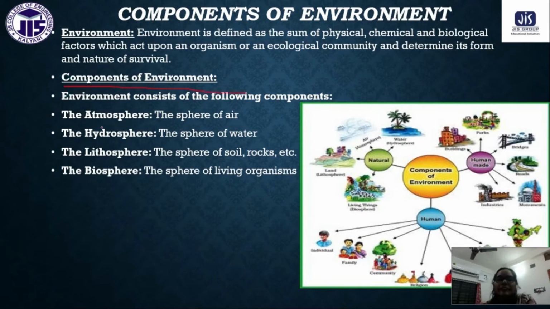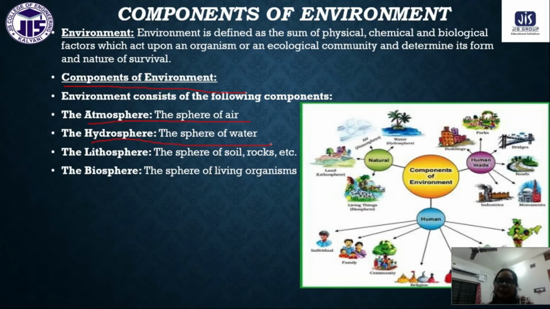Now these are some of the components of environment. What are the components? That is the atmosphere. Atmosphere, generally the sphere of air, where we have the air molecules. Okay, the hydrosphere, the sphere containing water. In the hydrosphere, all types of water resources, water molecules that we have, belong to this sphere.